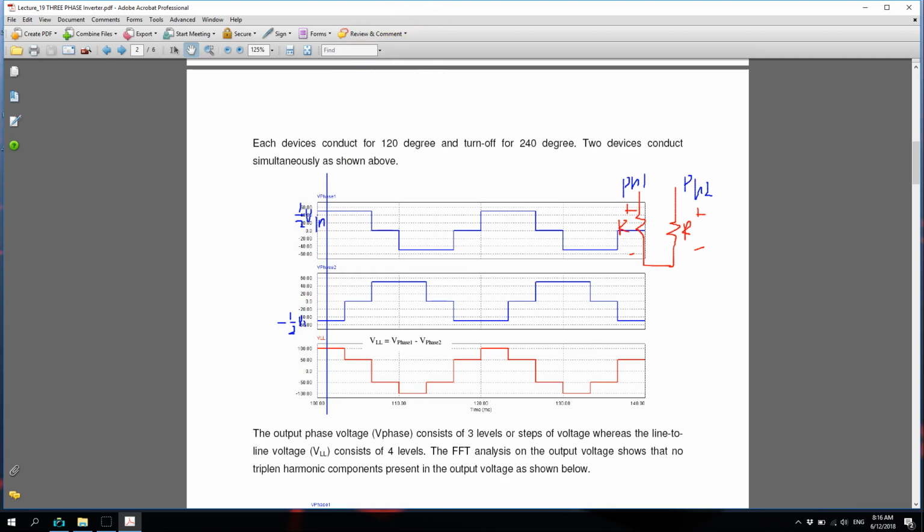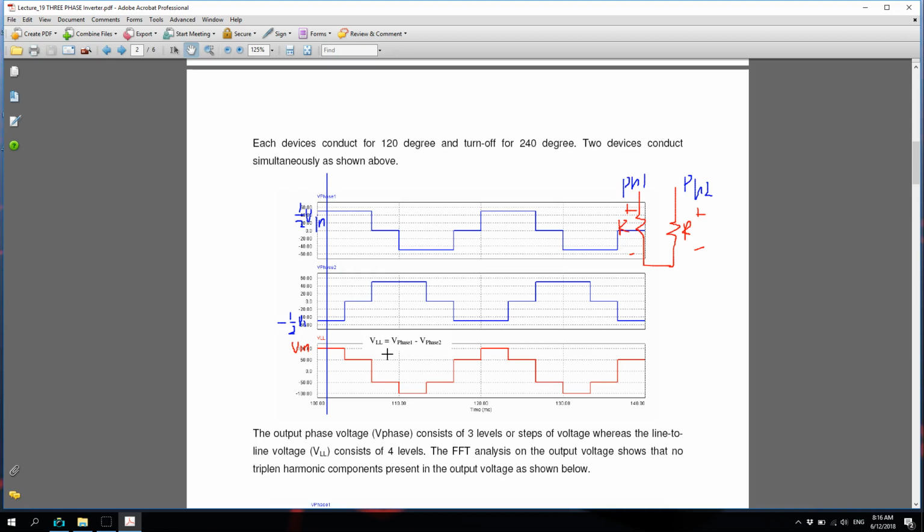So this comes back to your V in during that time. Okay, so I hope you understand how to get that V line to line. We subtract V phase 2 from V phase 1, so we have a V in over there.